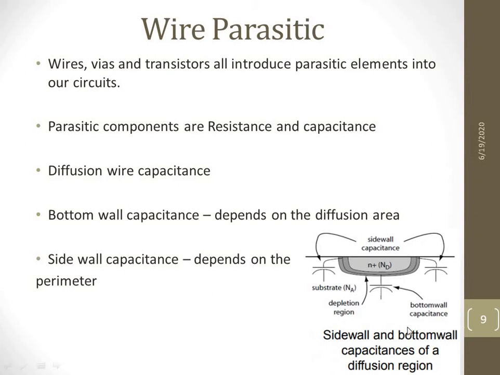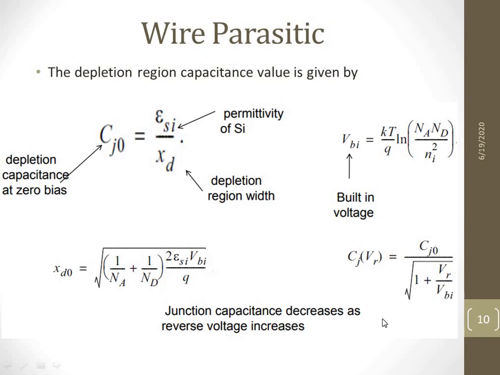You can see here the side wall and bottom wall capacitances, and in the depletion region there also will be capacitances. So these capacitances and resistances will introduce the wire parasitics.